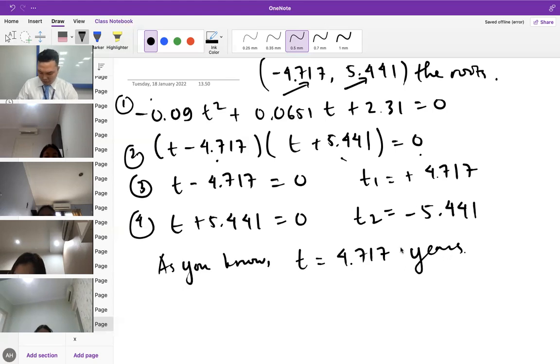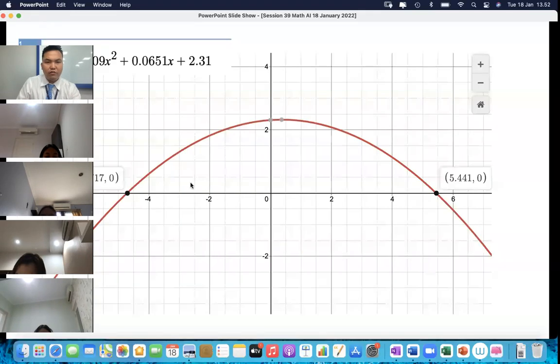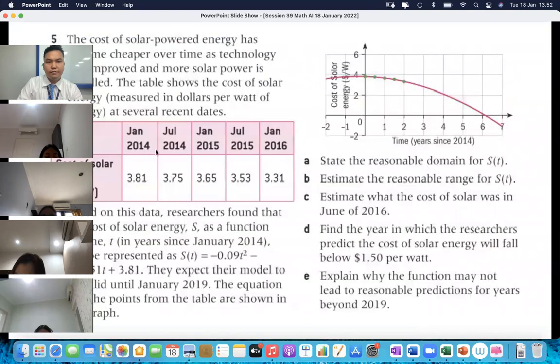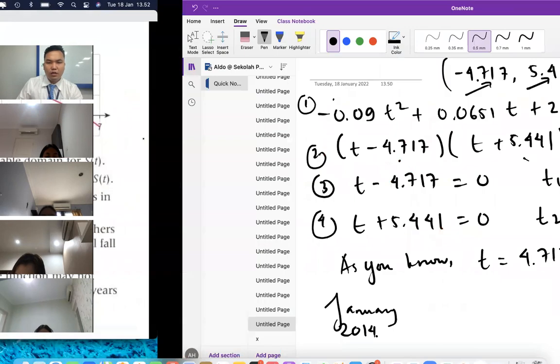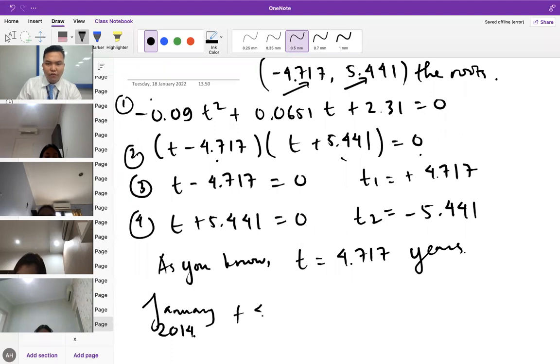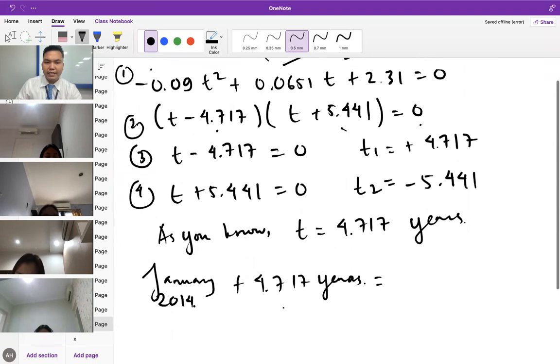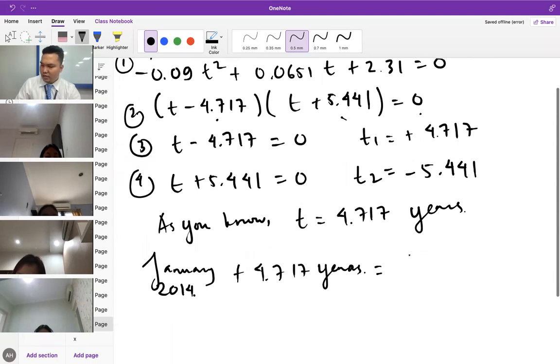Okay. Now, 4.717 years from January 2014 as our starting point, based on the question here. You add 4.717 years, which we can call around late 2018.